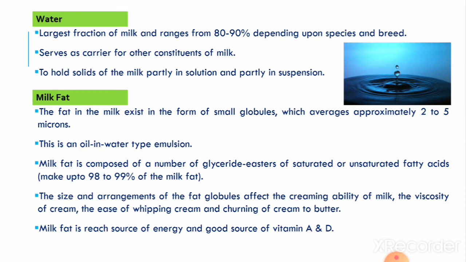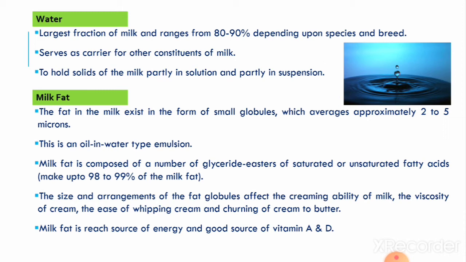So on average, 80 to 90% water is present in milk, and this proportion varies depending upon species and breed. Water serves as a carrier for other constituents of milk, to hold solids of the milk partly in solution and partly in suspension.